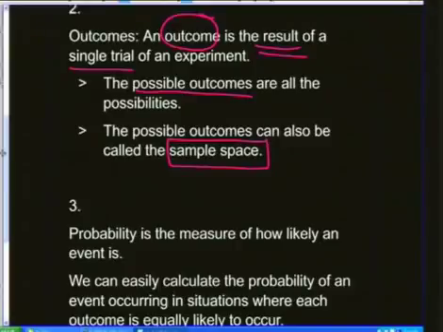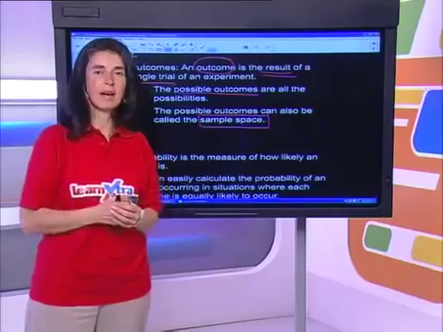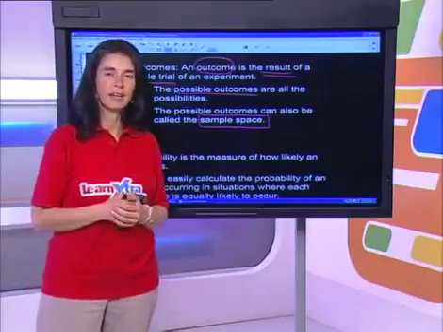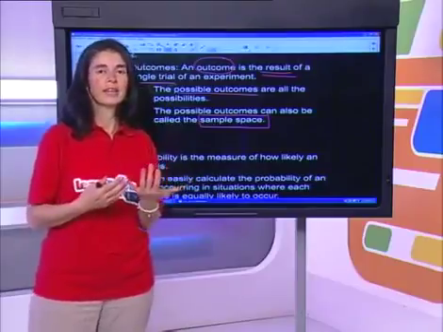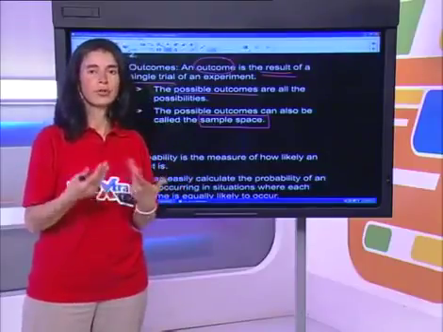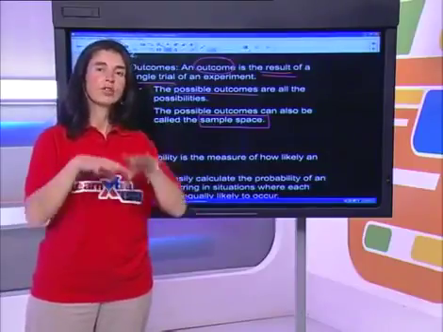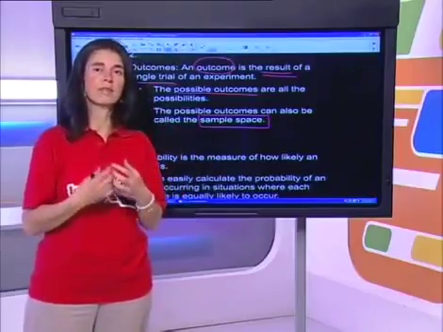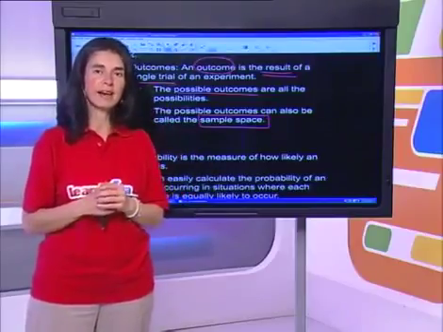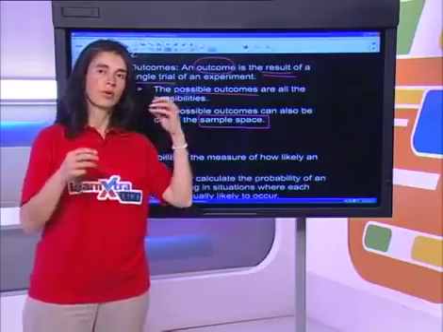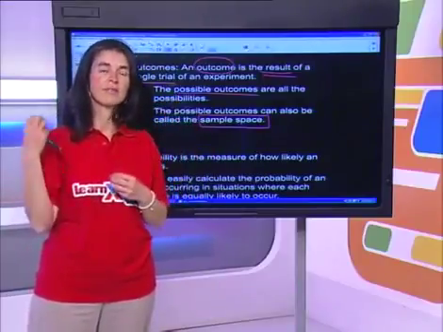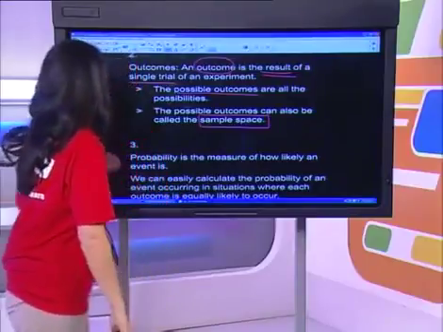So the sample space would be all the possible outcomes that you can have of an event. For example, if you were rolling a dice, you would get either a 1, 2, 3, 4, 5, or 6. So your sample space would be all the possibilities of the value of that dice. Those would be your possible outcomes. So a synonym for possible outcomes is your sample space.